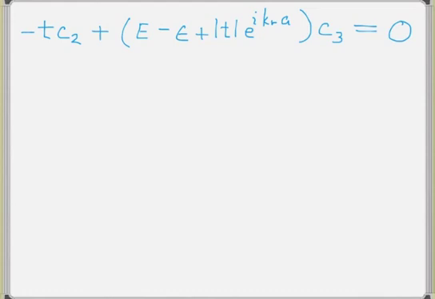So for the third row, there's no inhomogeneous term. I only got an inhomogeneous term on the first row that couples to the lead where you're injecting from.